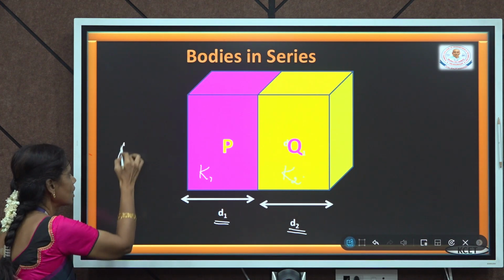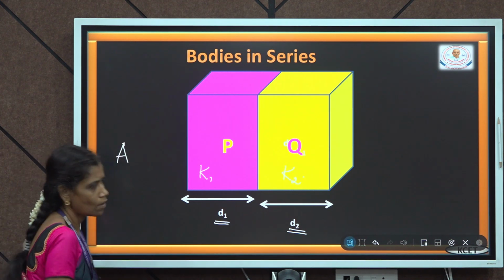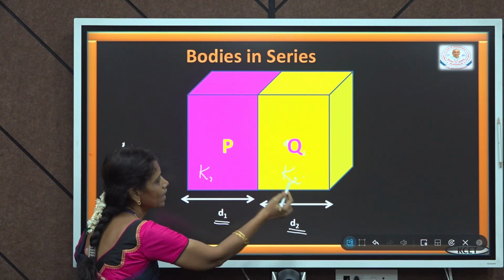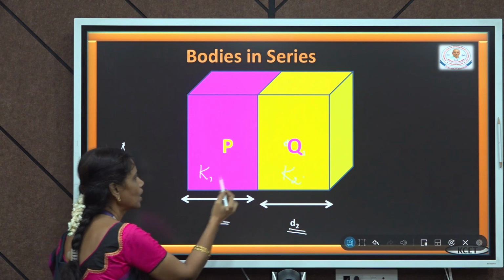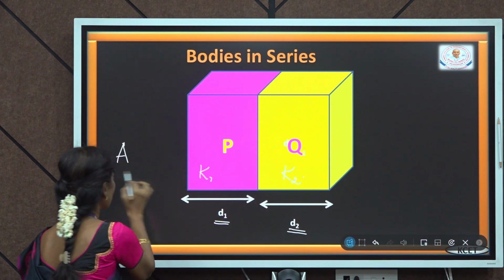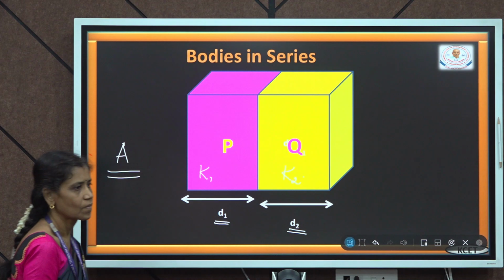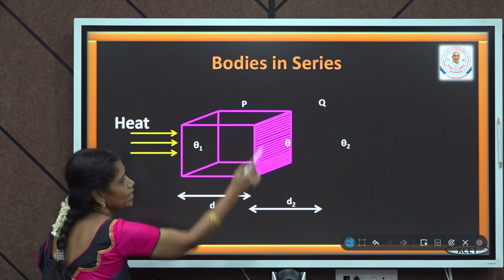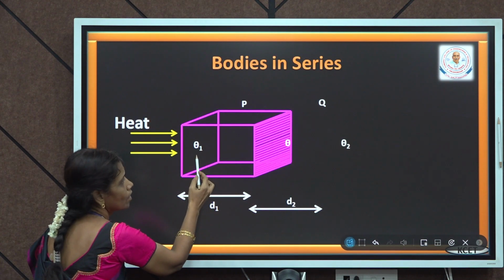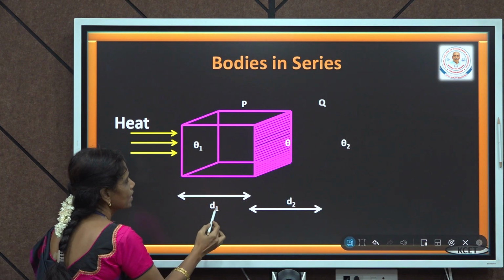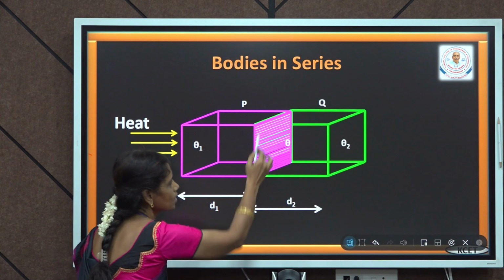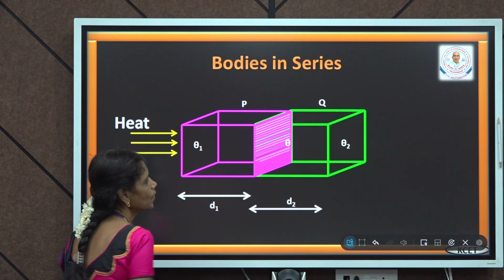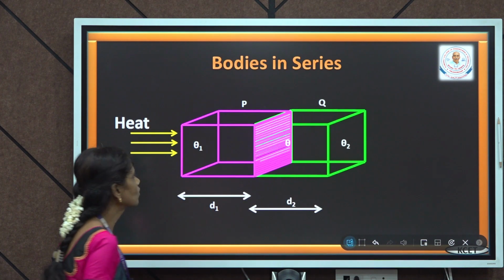Let us consider the area of cross section of both the materials P and Q as A. The material P has thickness D1 and then the other material Q is joined with the material P, its thickness is D2.